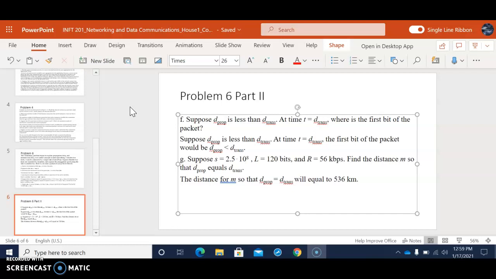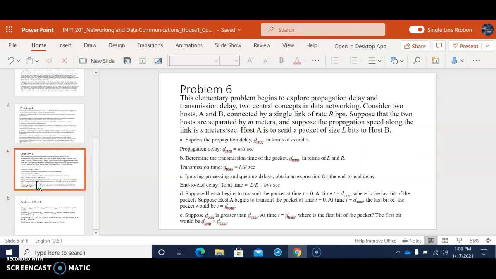Okay, now for G, this is where we solve it. They're giving us: suppose s equals 2.5 times 10 to the power 8, L equals 120 bits, and R equals 56 kilobits per second. Find the distance m so that dprop equals dtrans. How can we find dprop and dtrans? It's so simple. Let's go back to 6.